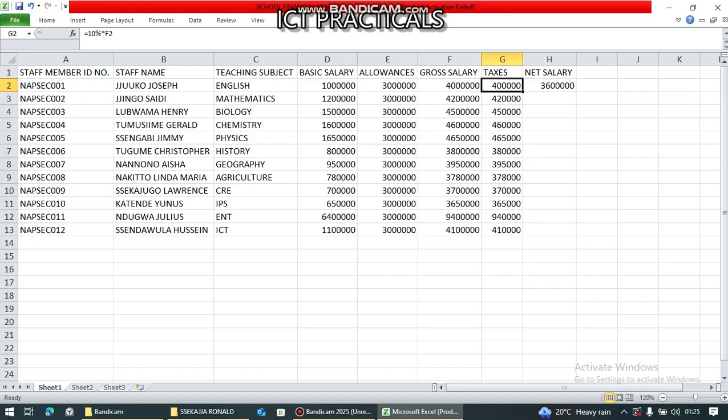Then we press equal sign 10% times the gross salary. We should multiply by the gross salary, not the basic salary, because when computing taxes for the provided rate, we multiply by the gross salary. So in the case of net salary, we take the gross salary minus the taxes. It depends on the cell reference, as you can see in the formula bar.